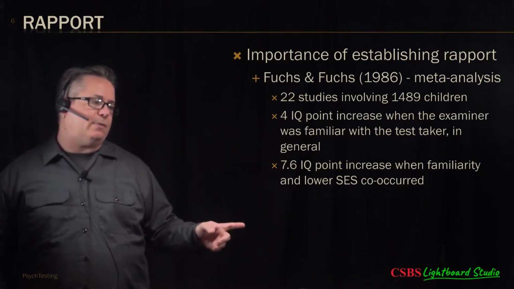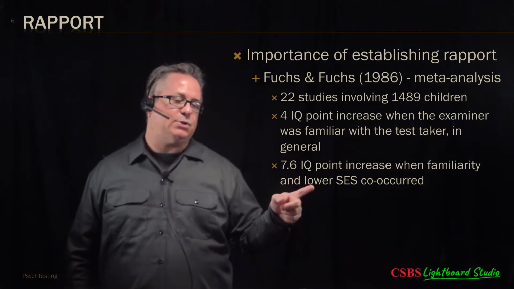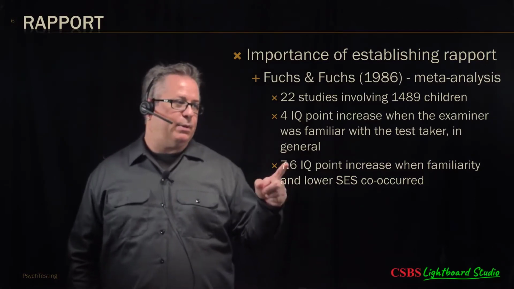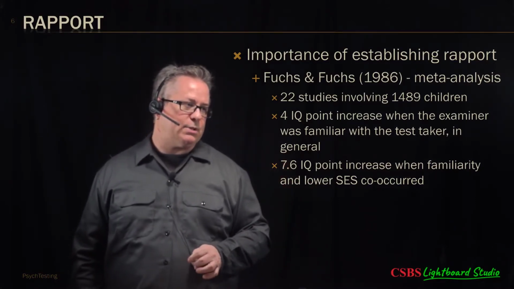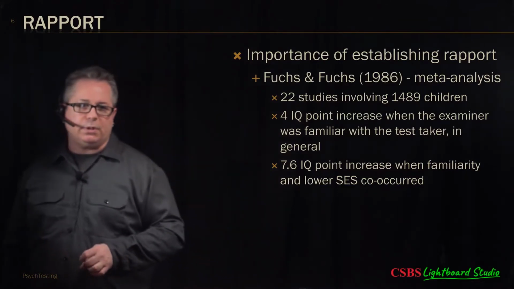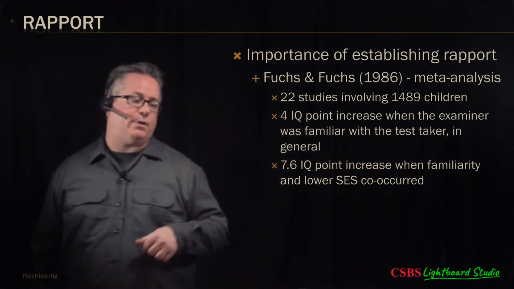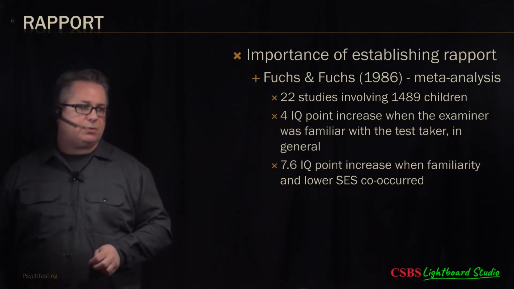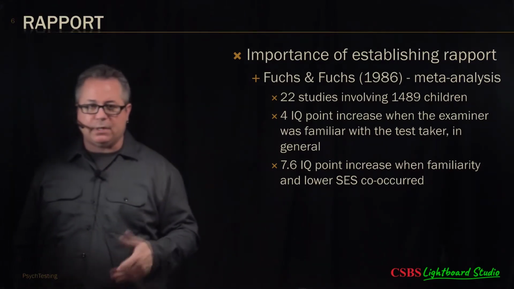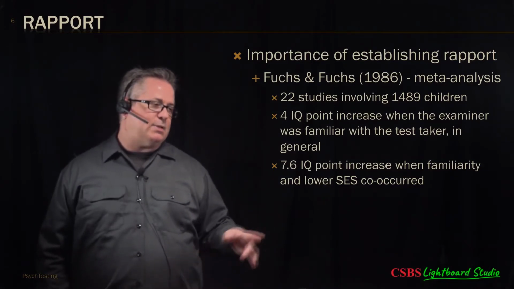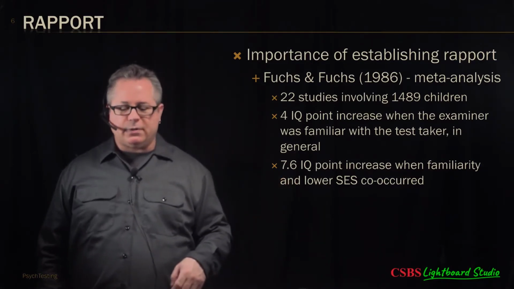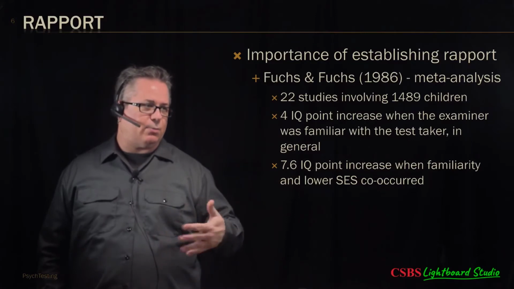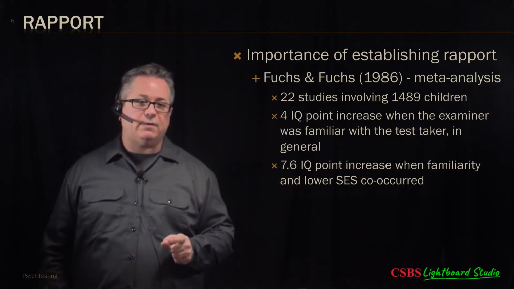And if the kid happened to be from a lower SES group, then there was an even bigger jump. It was more like a 7.6 point increase if they were with a familiar test administrator and from a lower SES group, which is an interesting combination. I don't really have any hypotheses about why that would be, but it's an interesting finding that kids with lower SES get more of a boost from the familiarity of the test administrator.